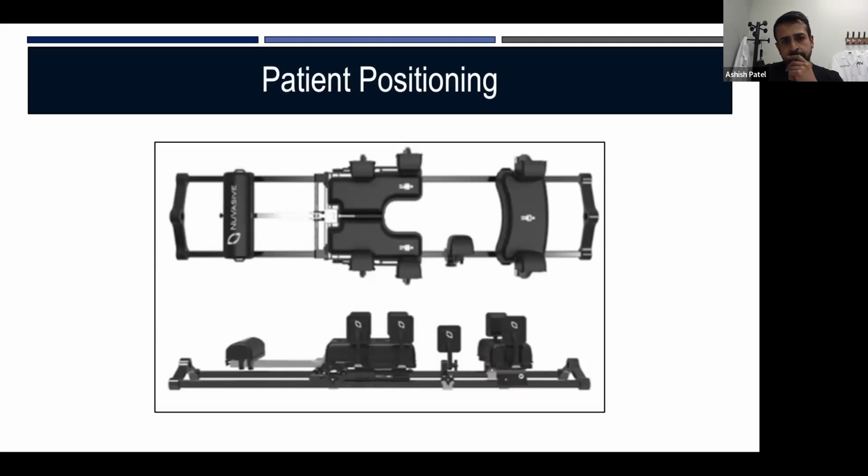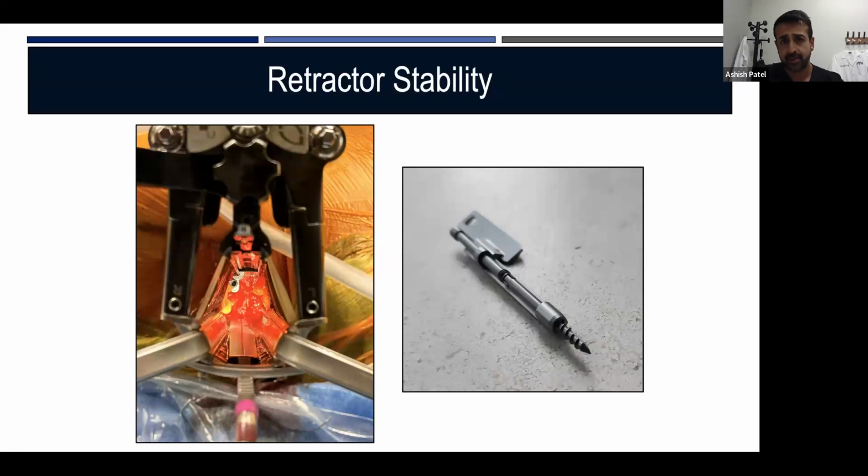It's going to be patient stability, and that's done through patient positioners, and there are some on the market. ATEC has one, Globus has one, NuVasive are going to launch one that moves in the sagittal plane as well. That would be amazing to see, so that you can actually influence the sagittal angle. And then it's going to be retractor stability. How do you anchor to the spine?